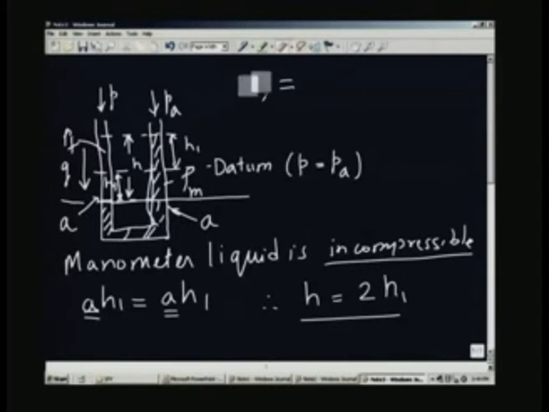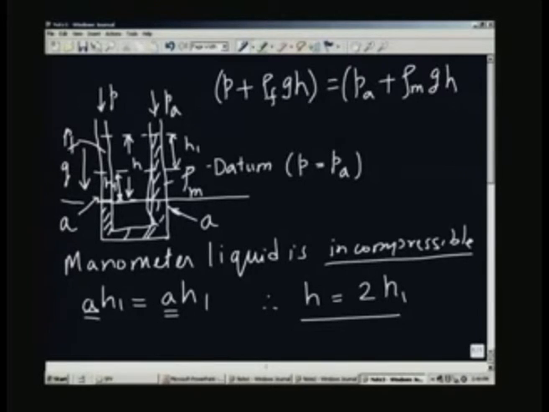So let us rewrite slightly differently. So, we have P plus rho f into G H here, and on the other side I have P A plus rho m times G H.